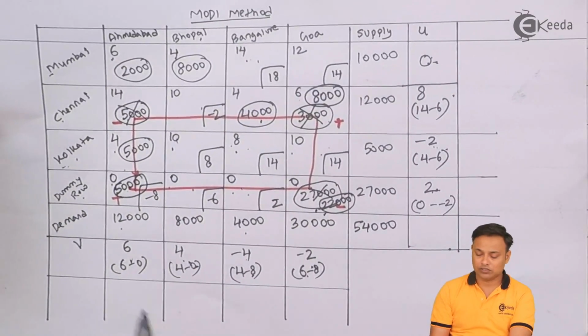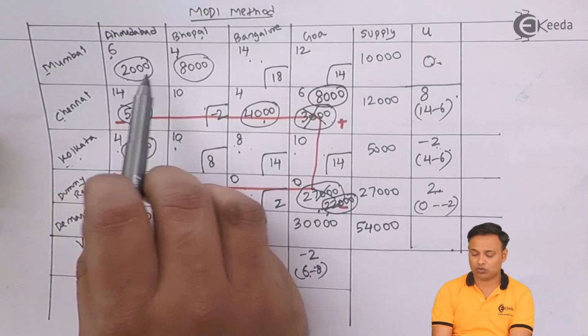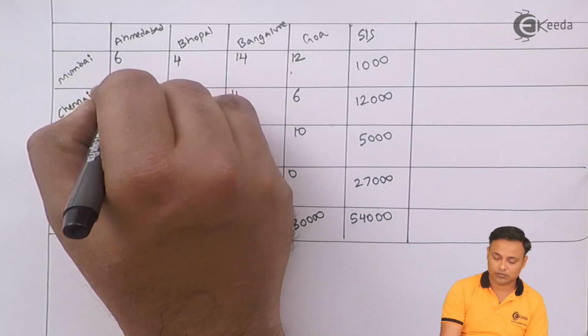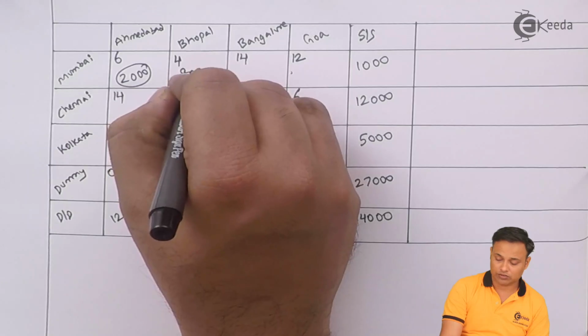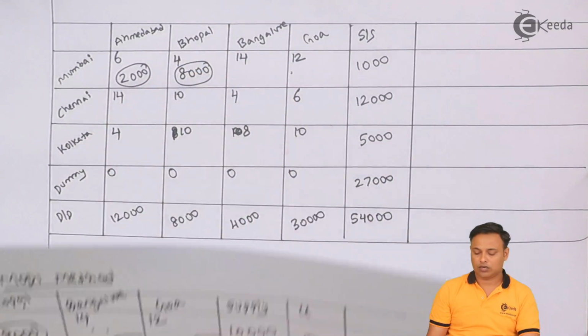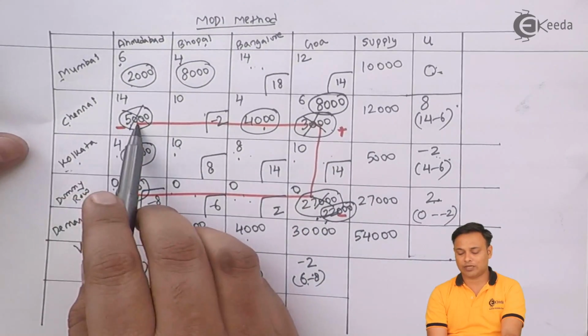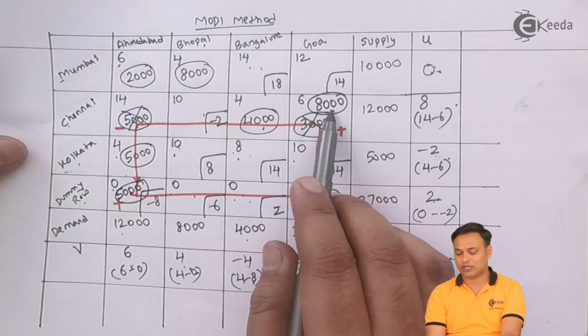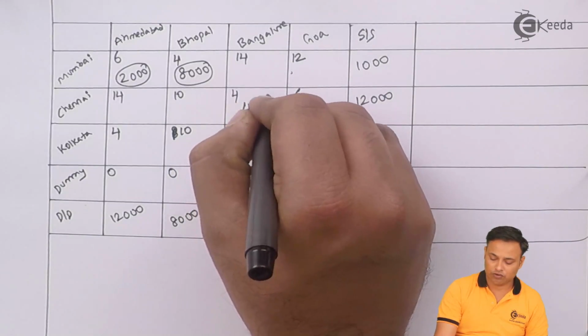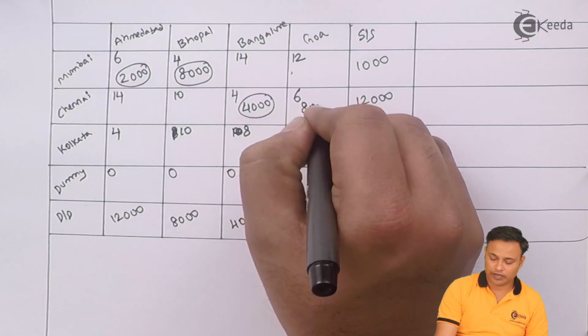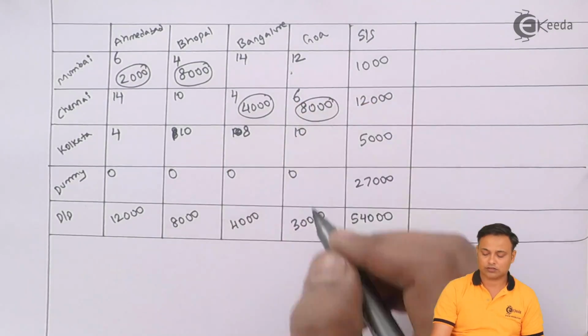We had our allocations. There were minor changes. 2,000 and 8,000 will remain same. So here it is 2,000 and here it is 8,000. Next we had Chennai, Ahmedabad now is unoccupied. We had 8,000 here and 4,000 here. So 4,000 at 4 and 8,000 at 6.